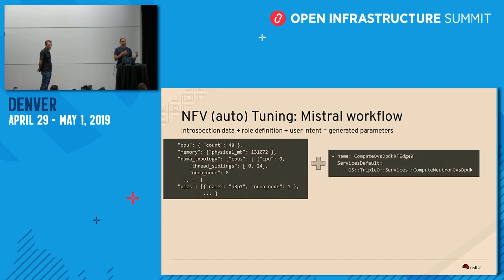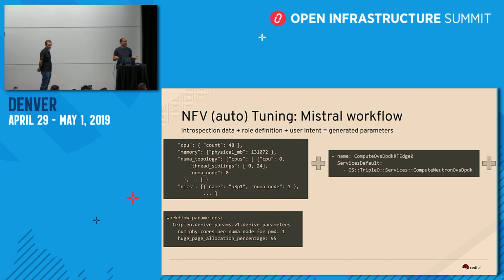We mix this with the configuration of each role that will be deployed. As an example, if we enable compute Neutron over DPDK, the Mistral workflow will generate the appropriate parameters for you.